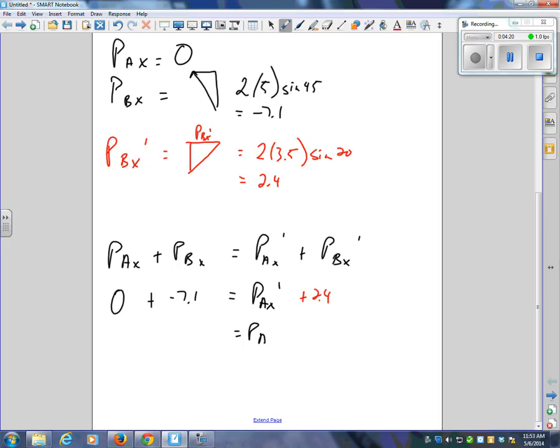So PAX prime is going to be minus 7.1 minus 2.4, which is minus 9.5. Does that make sense? That's east of north, Mike. That's north 20 east.